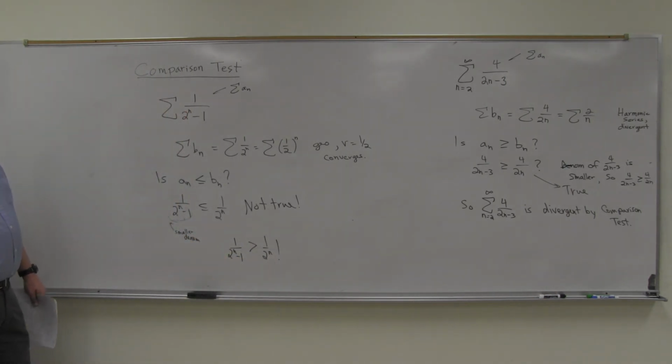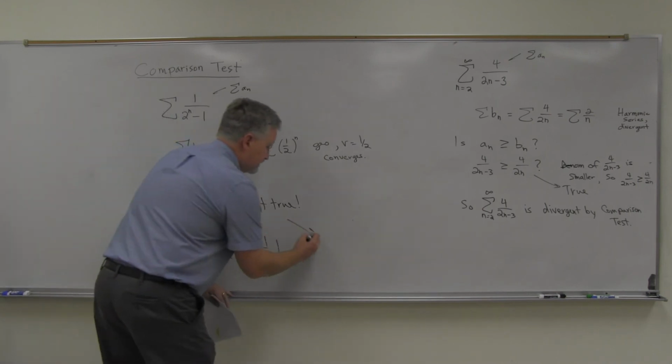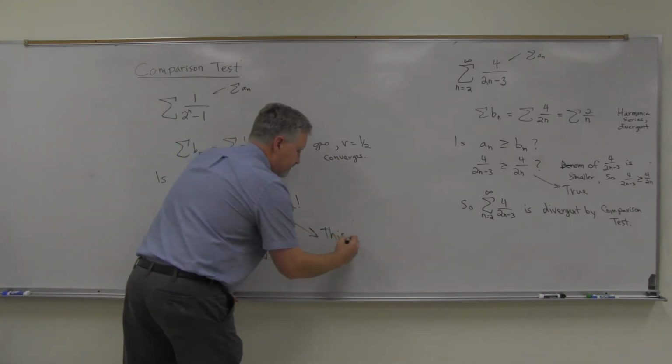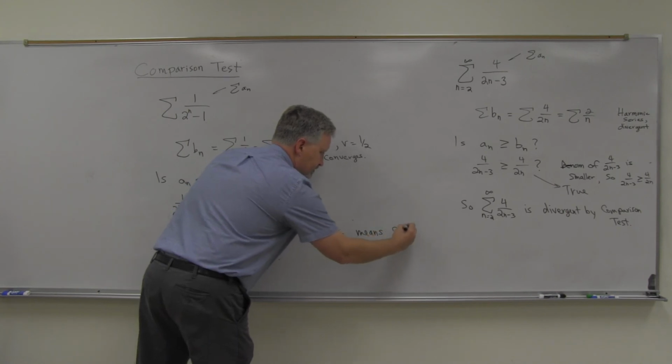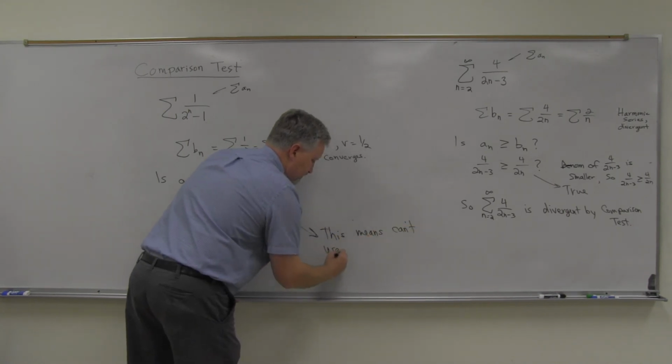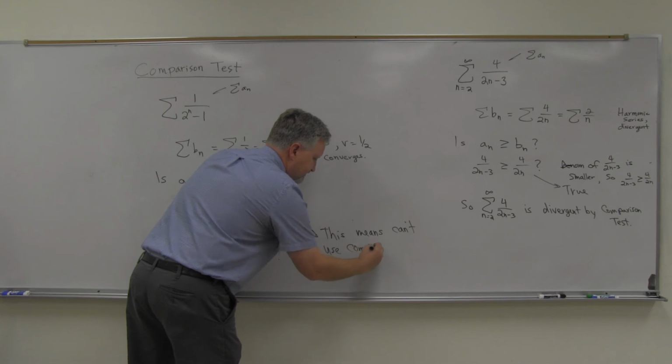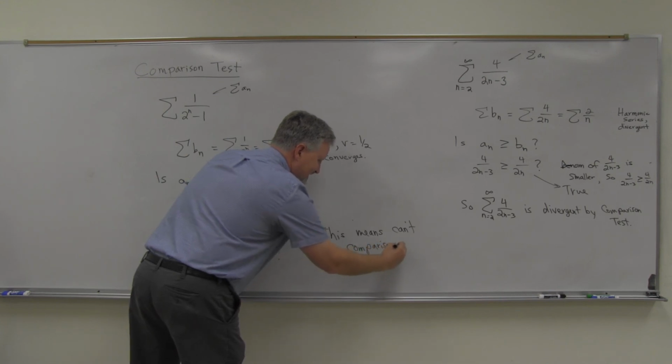So what do we do? Well, we just say, I can't use comparison test right now. In just a moment we will do this one with another test, but yeah, so this means you can't use your comparison test. Which means use another test.